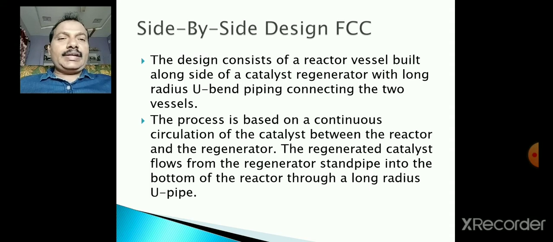Both are connected with a U bend piping connection. The process is based on a continuous circulation of the catalyst between the reactor and the regenerator. The regenerated catalyst flows from the regenerator standpipe into the bottom of the reactor through a long radius U pipe. So that is the physical arrangement.